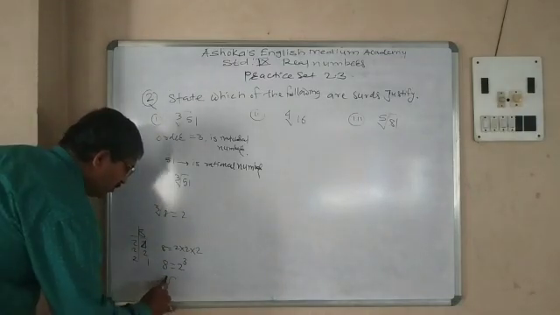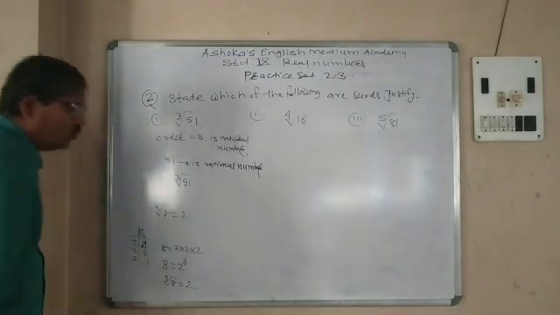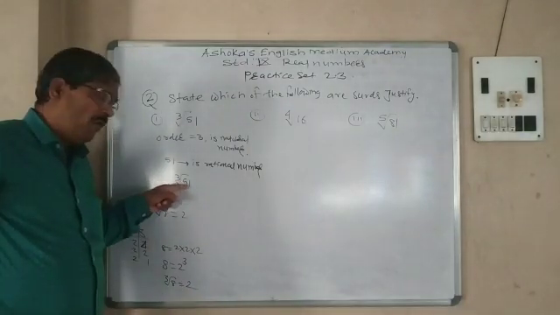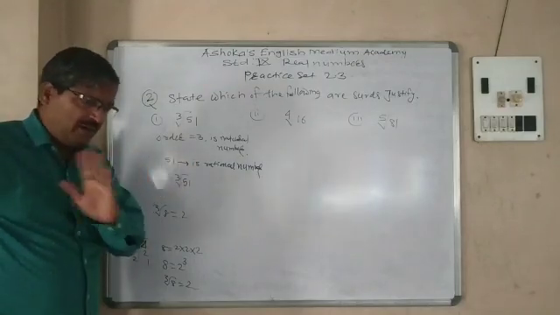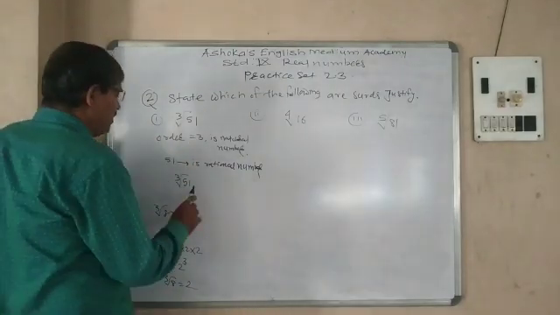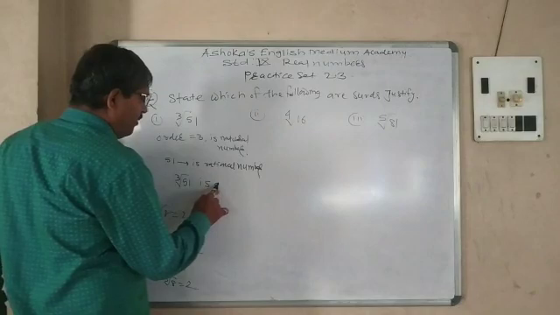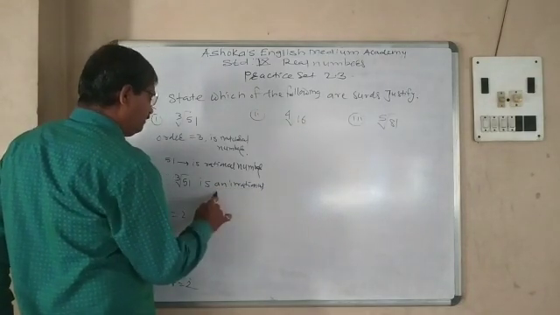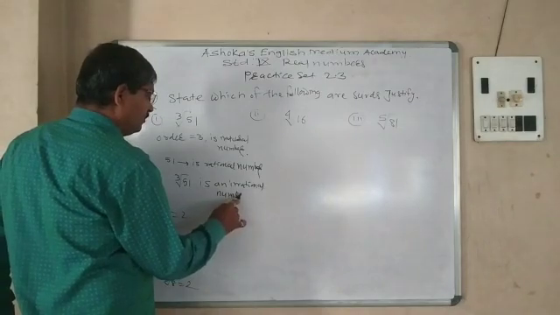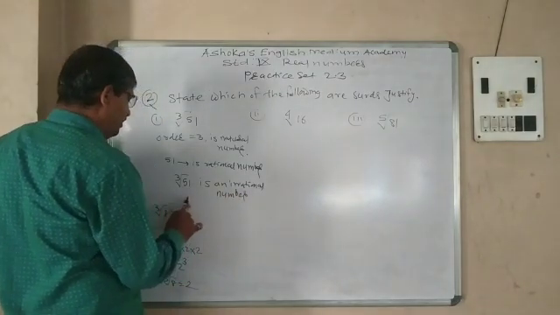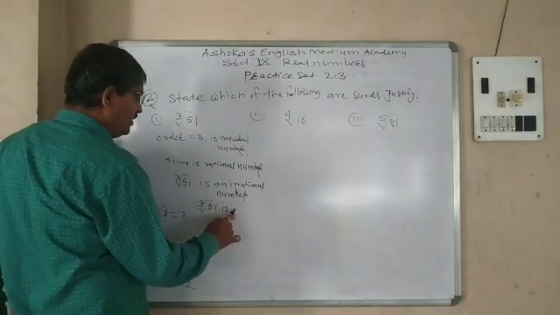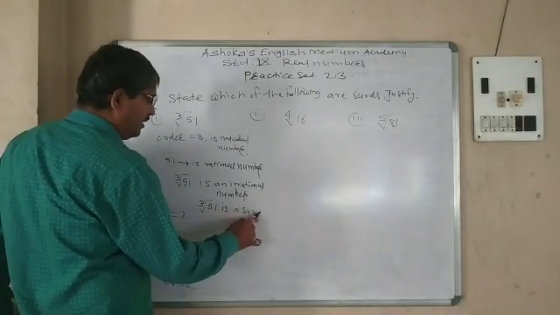Therefore, cube root of 8 is equal to 2. Similarly, can we get the cube root of 51 as any number? No chance. So it is an irrational number.